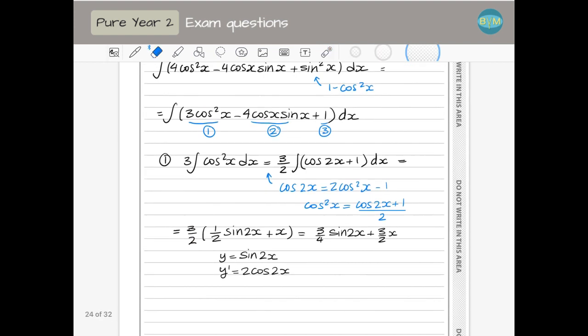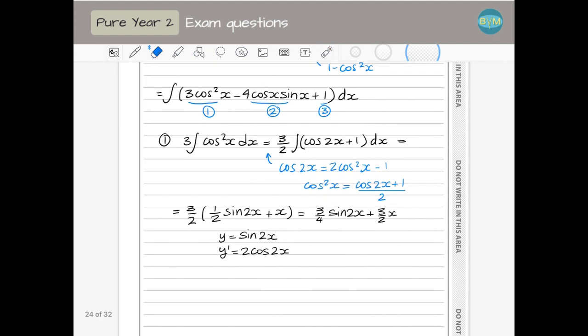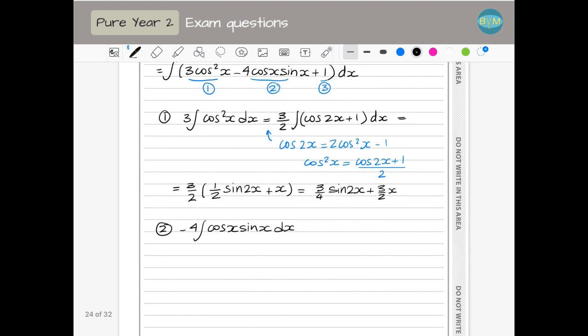And then for the second part, I'm going to delete this bit. For number 2, we have to integrate minus 4 cos x sine x. This one you can do in different ways, but one is the derivative of the other.